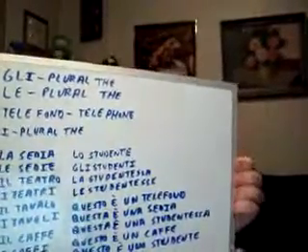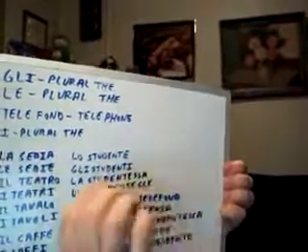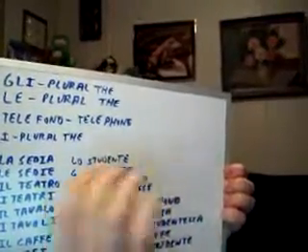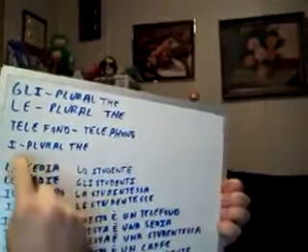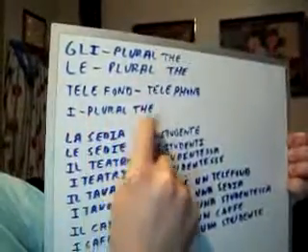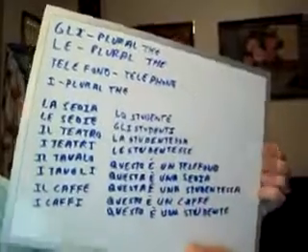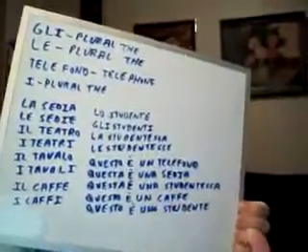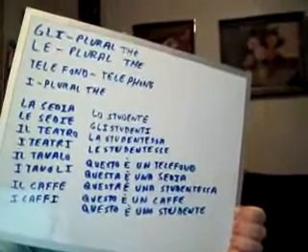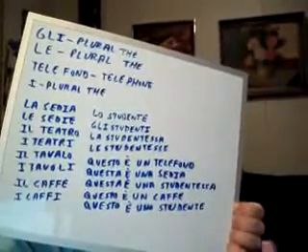Now, how about this word right here? Telefono. Telefono pretty much gives it away. It's a telephone. Now, I here is also the plural the, but it is used when there is not an S plus a consonant. It's for all other male words.